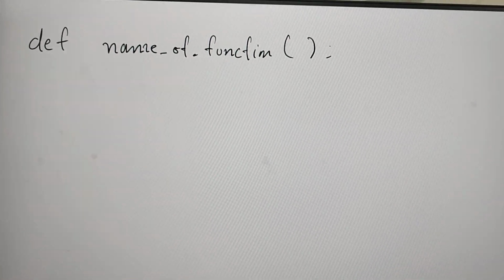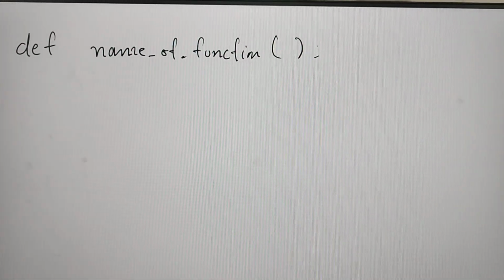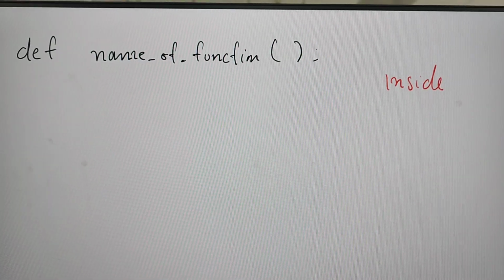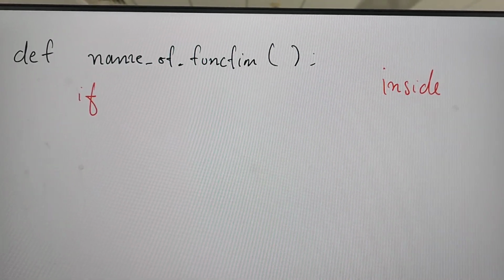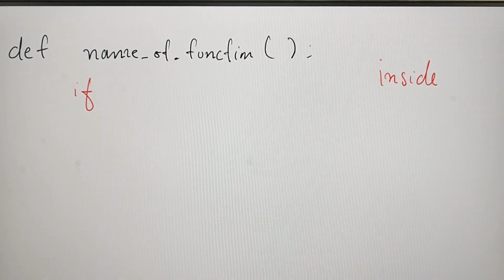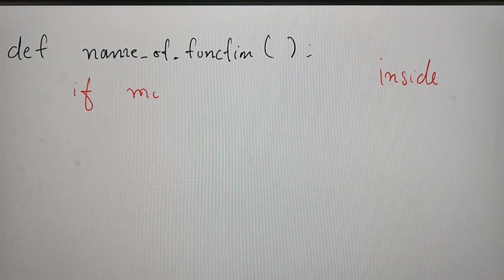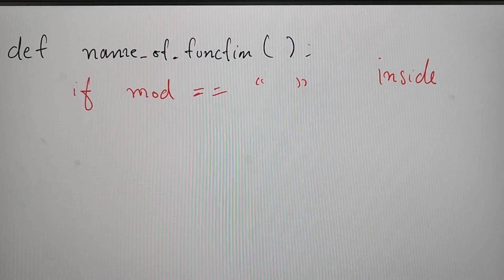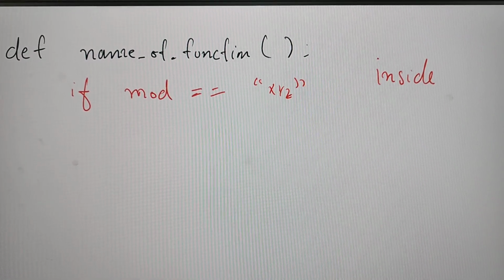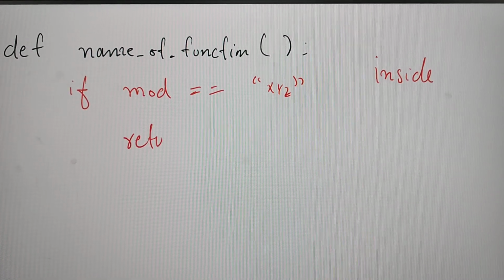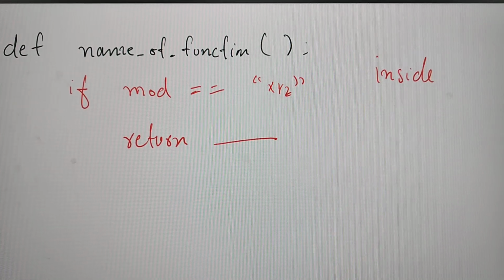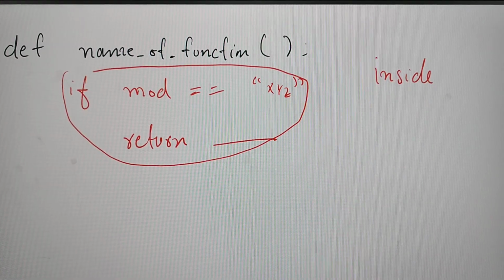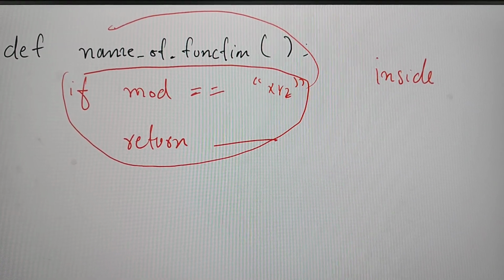If you want to implement a conditional statement inside the function, you need to write here, okay, if this thing, let's say mode equal something, XYZ, then return this. You need to write this if condition inside this function.